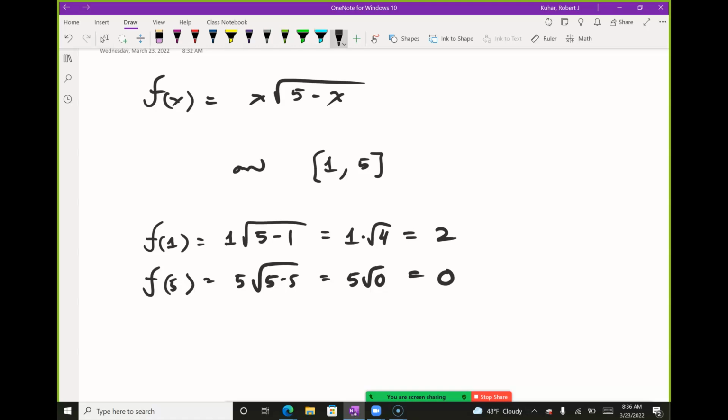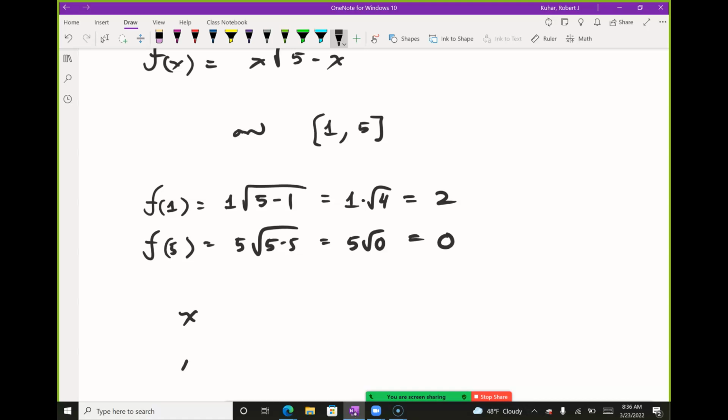All right, derivative. How are we doing here? You're not copying me on this. You're doing your derivative yourself, right? So I'm going to use the product rule. I've got an x times the derivative of the square root of 5 minus x, a negative 1 over 2 square root of 5 minus x.